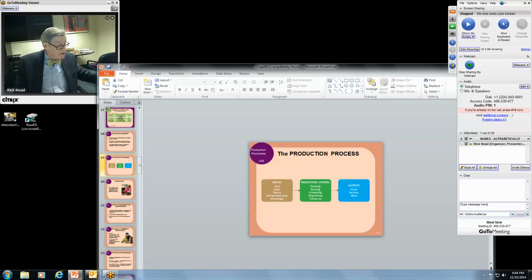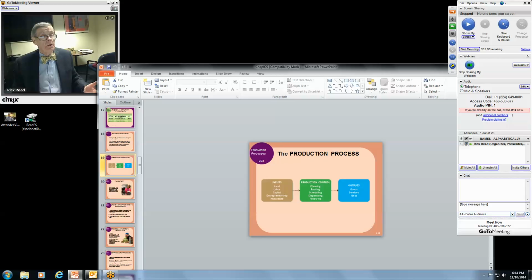Now, this is the production process, and this is figure 9.1, which you can see at the bottom of page 239. Essentially, we have inputs, which are the five factors of production, and we put them into a production process.